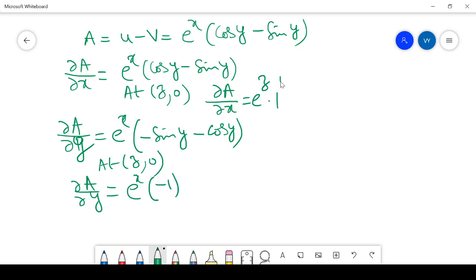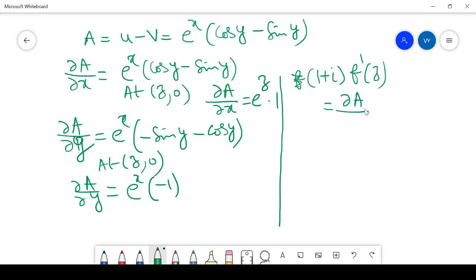Now I have to use the formula for (1 + i) f'(z). This will be ∂a/∂x minus i ∂a/∂y at (z, 0), Milne's method.